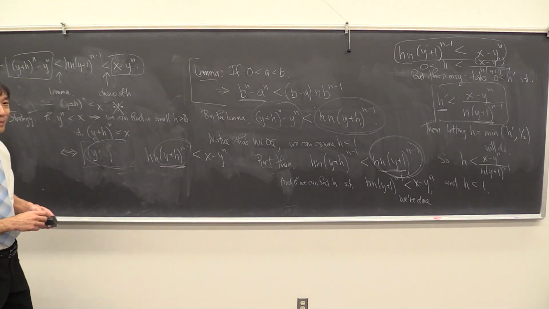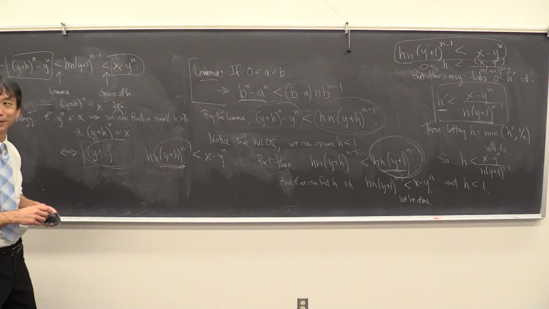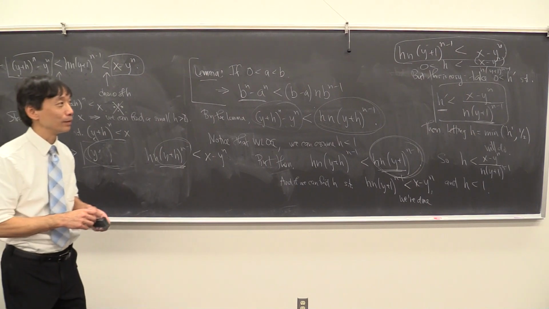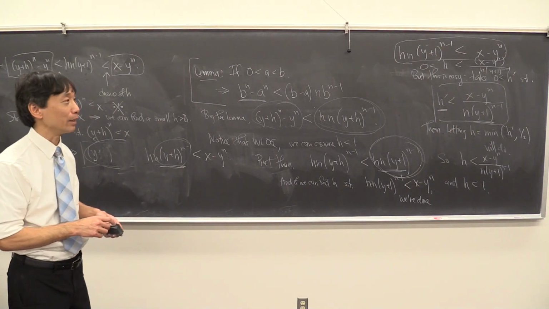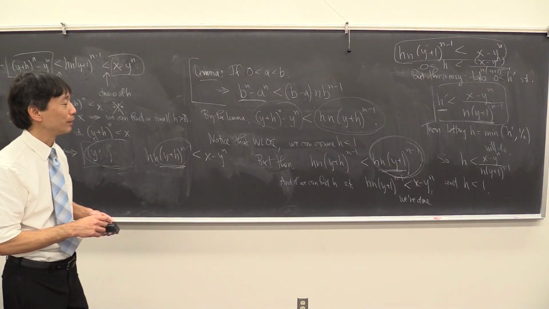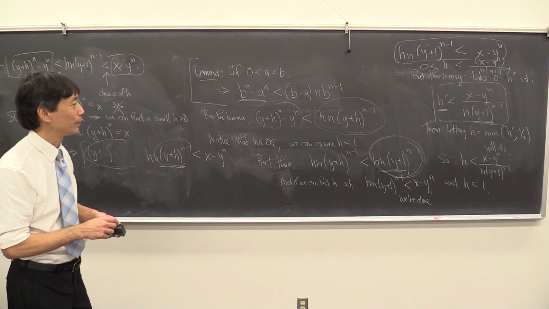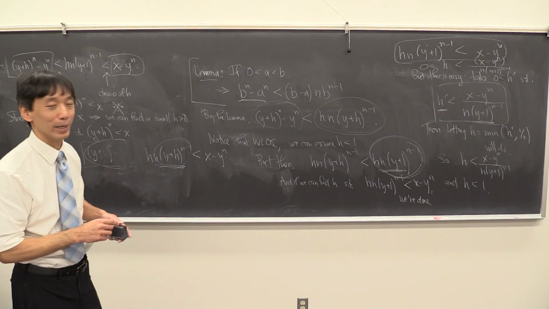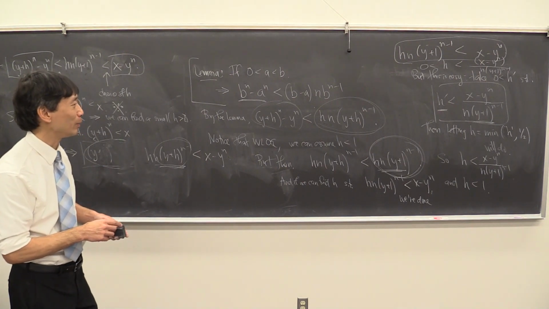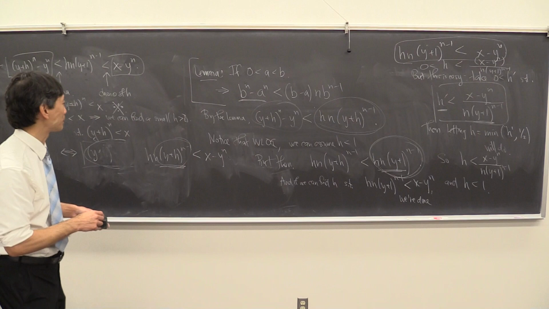But you can choose whatever constant less than 1, right? Yeah. I think we have to do that, but let me double check. I think we do need to do that.